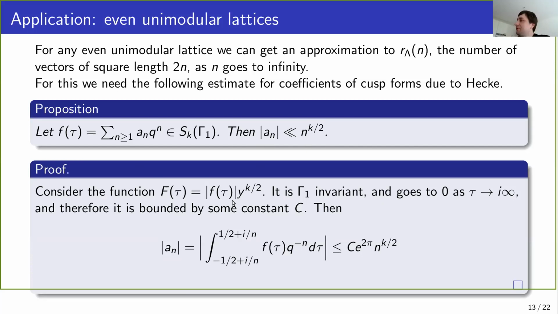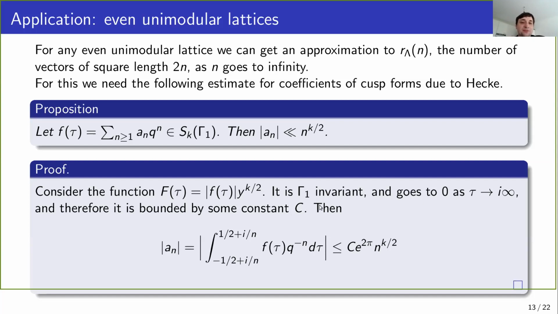And if you recall what the fundamental domain for the group gamma 1 looks like, if you cut off the bit at infinity, it's a compact region in the upper half plane. So there, any continuous function is bounded. But because f is a cusp form, it's also rapidly decaying at infinity. So it means that the function itself is globally bounded.